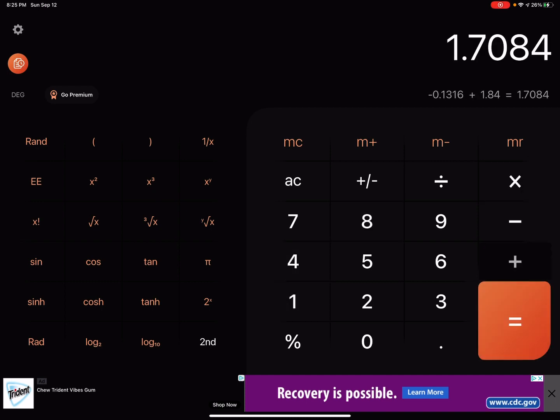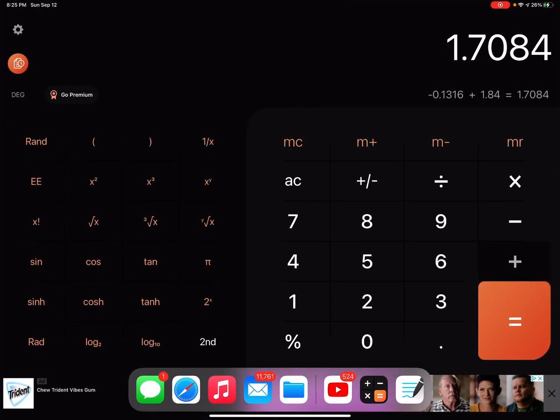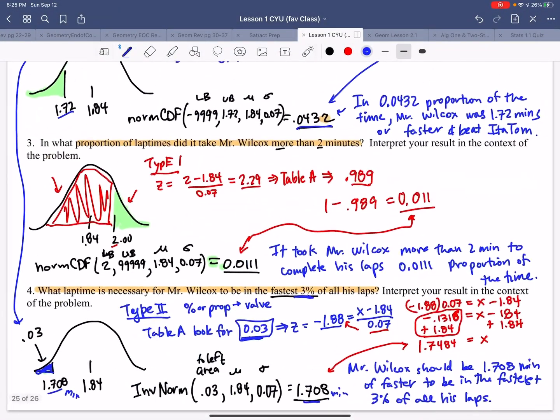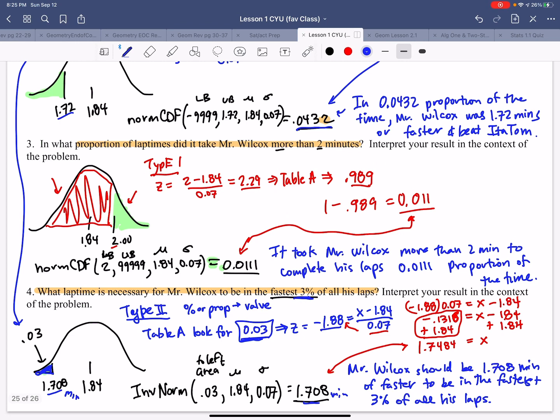And we get 1.7084. Aha, that's a little closer. 1.7084. Ooh-wee. Pretty darn close to what the calculator got. I'm feeling better about myself now.